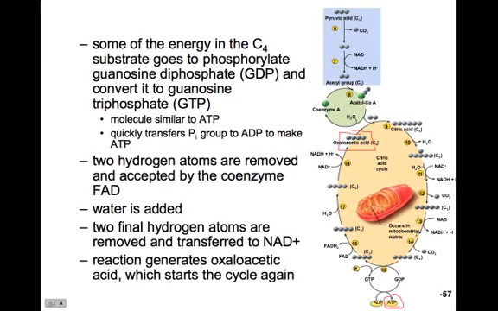Again, we had 2 pyruvic acids come in for each glucose we start with. That released 2 acetyl-CoAs to go into Krebs cycle. And thus Krebs cycle essentially has to run twice in order to release all of the original carbons from our glucose molecule.